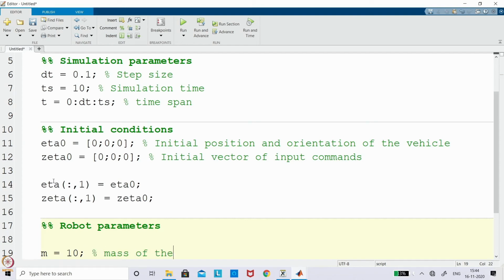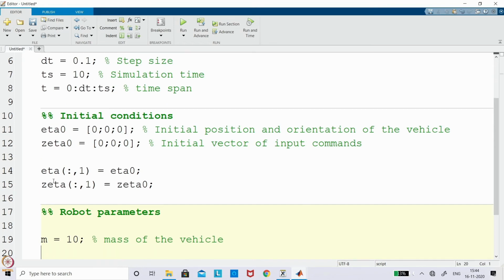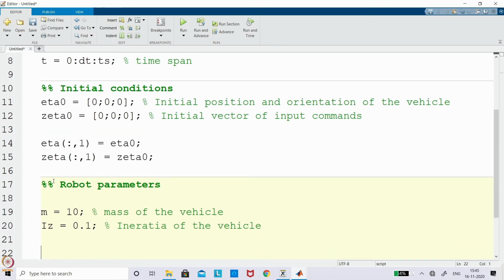Then the inertia of the vehicle, that too the z axis inertia. I am taking just a small one. We will take the original when we are doing it in real time. So this is the inertia of the vehicle or inertia of the robot, whatever you can call, because I assume that the vehicle is a mobile robot.